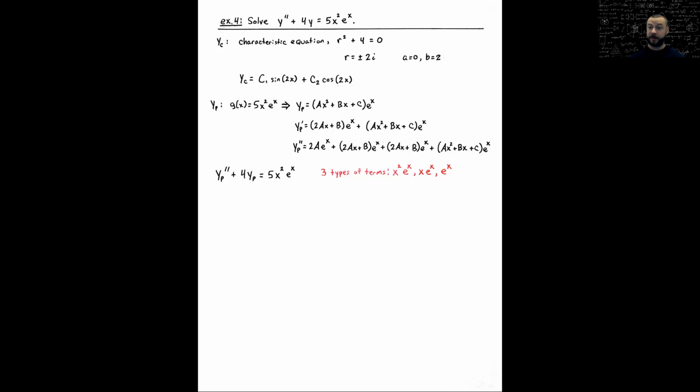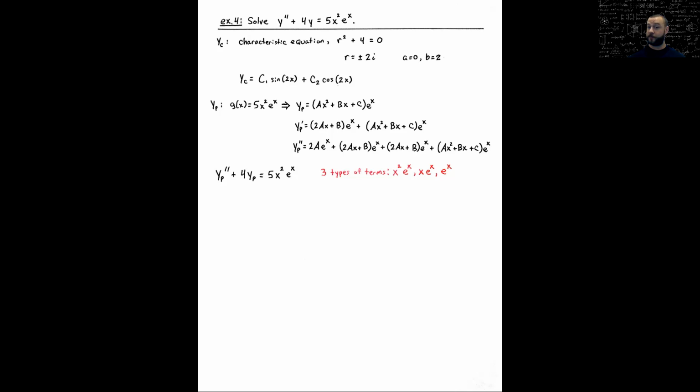So when we multiply yp by 4, your x squared e to the x coefficient would be 4a. So if we add the x squared e to the x coefficient from yp double prime to the x squared e to the x term from 4yp, we should get 5a for the coefficient of x squared e to the x.